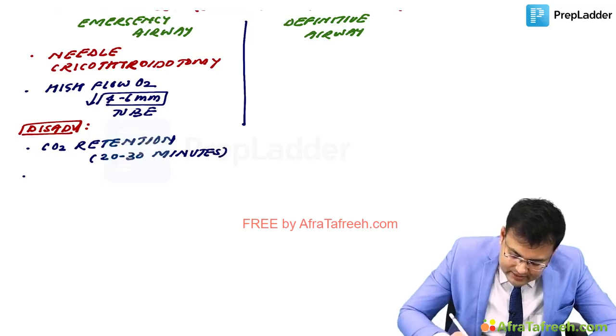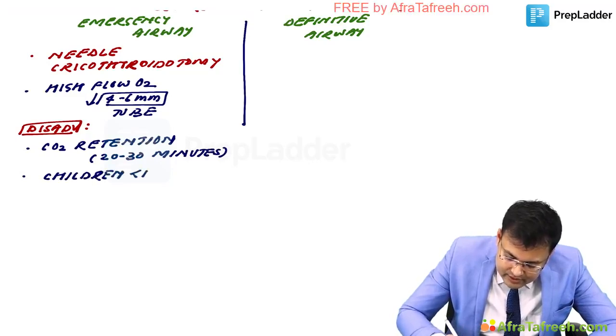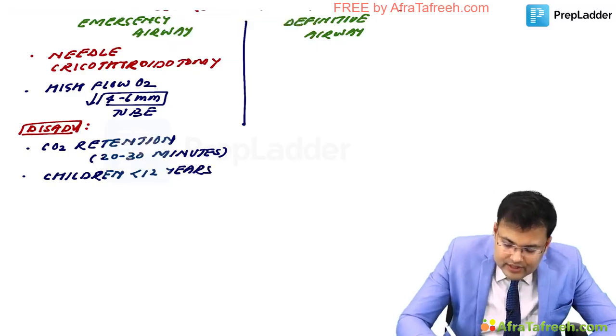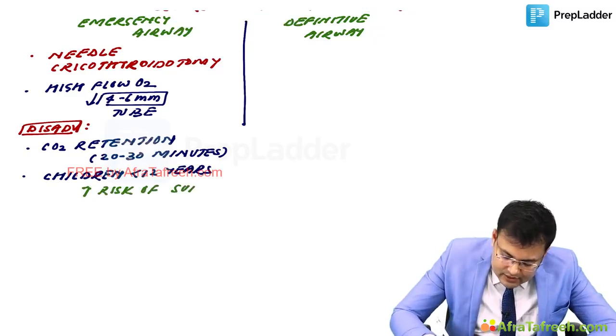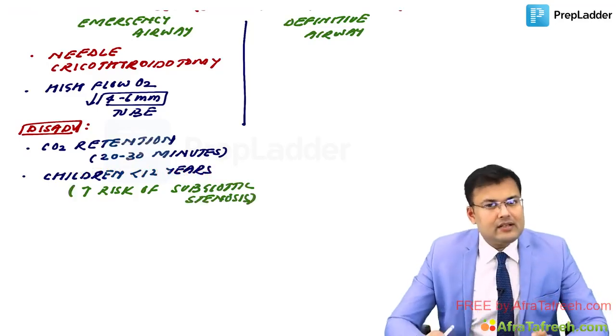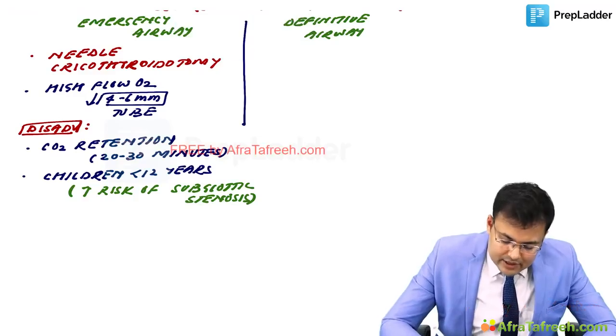And second, it should not be used in children less than 12 years. Why? Because in these patients there is increased risk of subglottic stenosis. Simple. So these are the disadvantages. The advantage is that it is going to buy some time so that you can prepare yourself for tracheostomy.